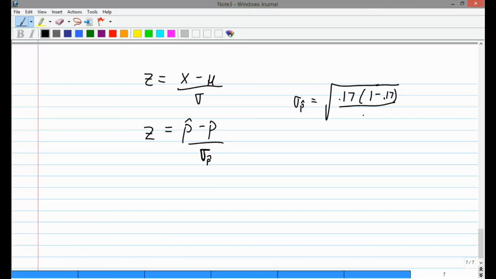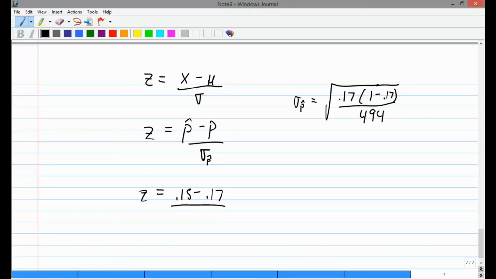N in our problem was 494. Once we know this, we're golden. We're just going to say 0.15 minus 0.17 divided by whatever this number is.